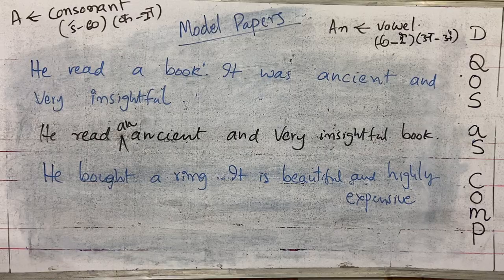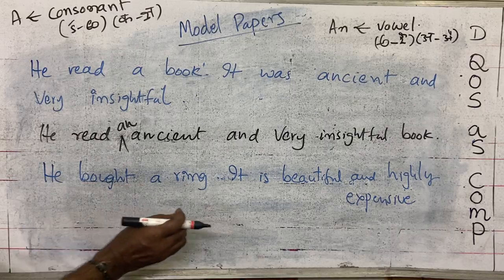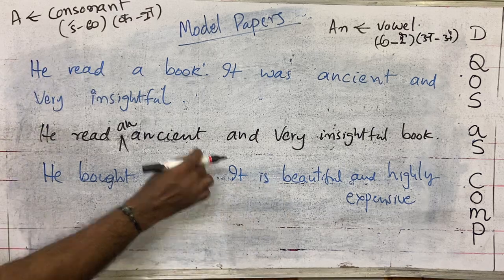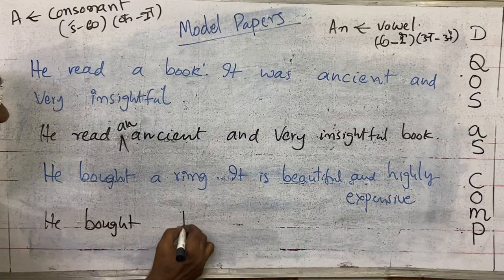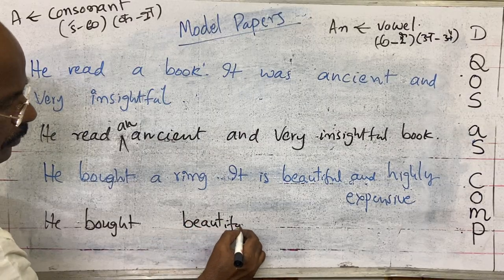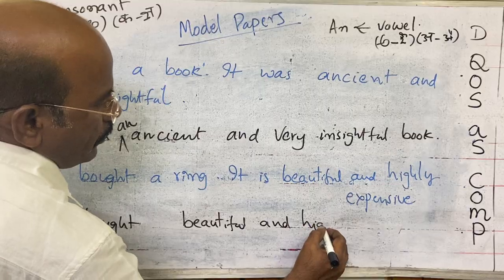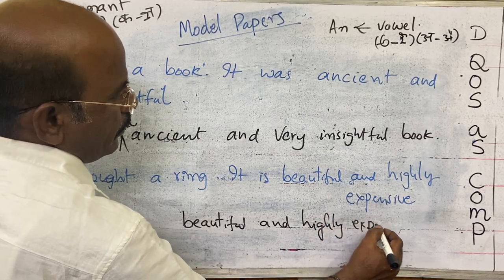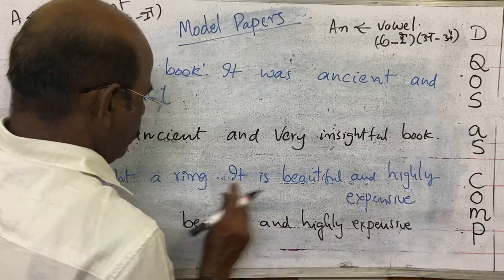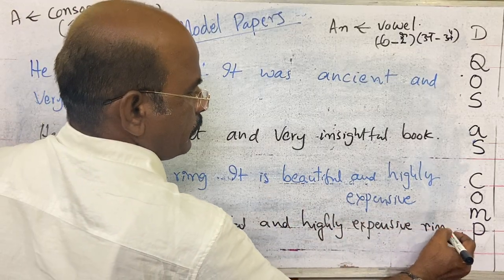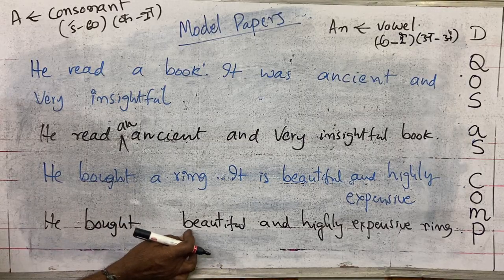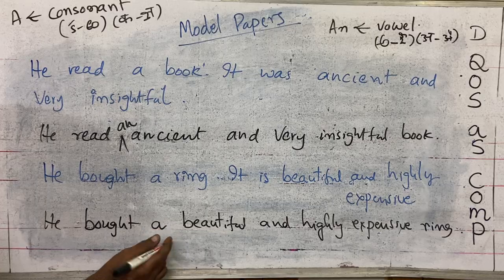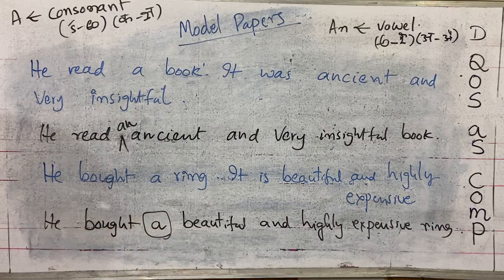He bought a beautiful and highly expensive ring. Before the determiner, here, ba sound, beautiful, ba sound, you write a beautiful and highly expensive ring.